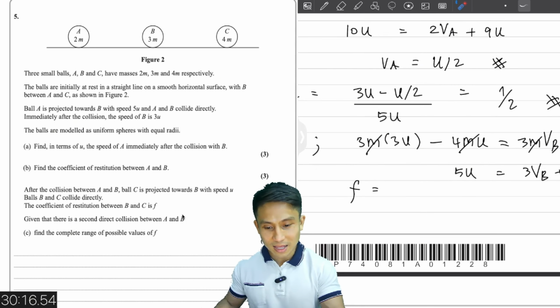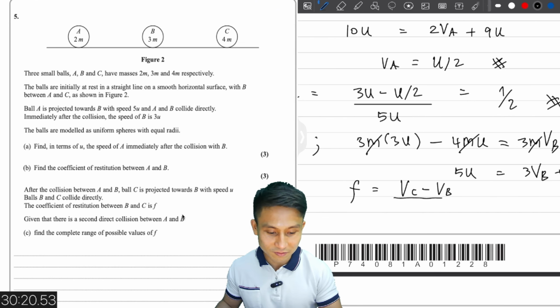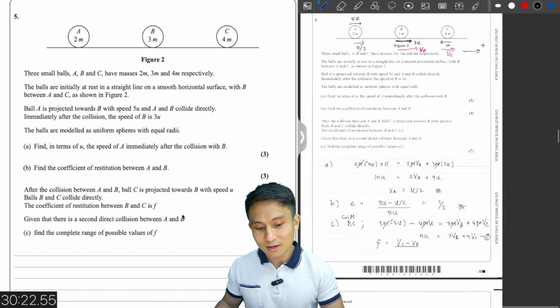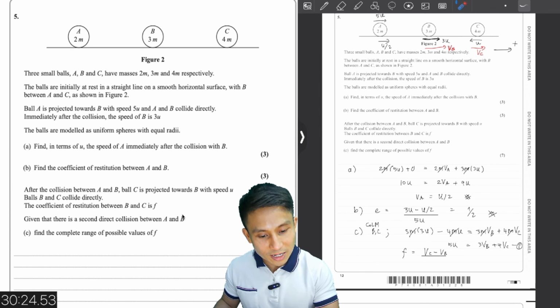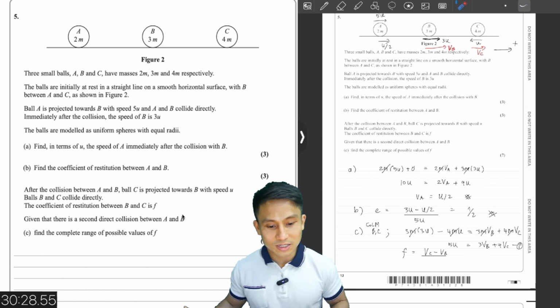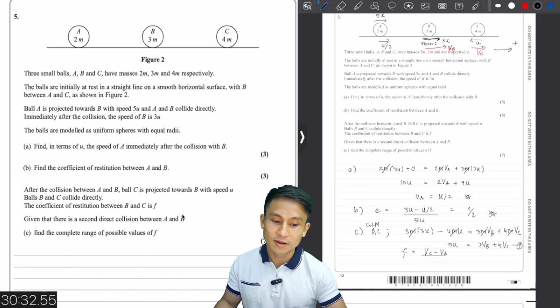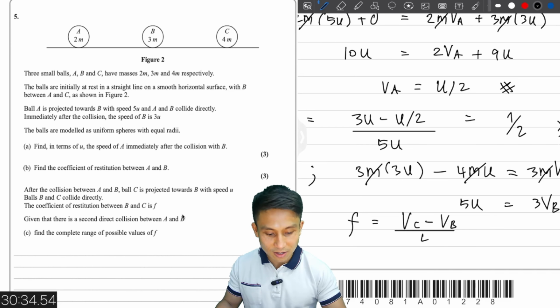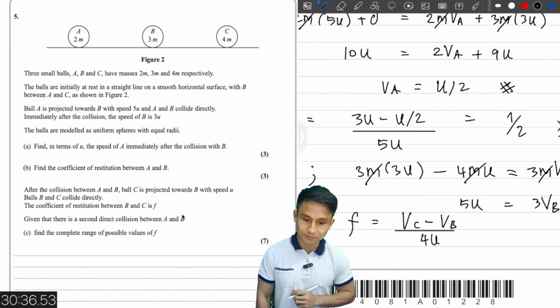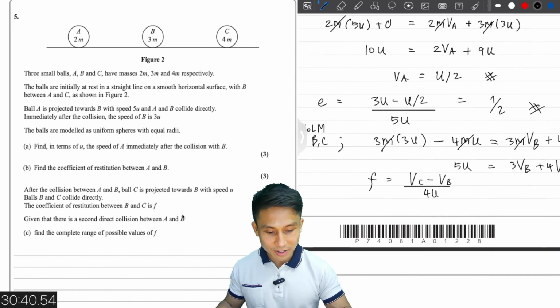Relative speed of separation divided by the relative speed of approach. That's 3u plus u, because they are moving towards each other, so it's 3u plus u rather than minus. Which is 4u. So this is f.